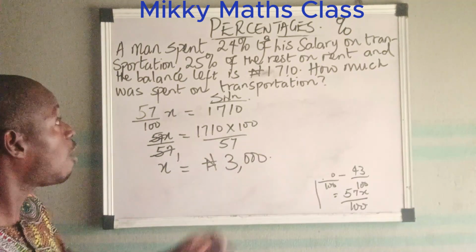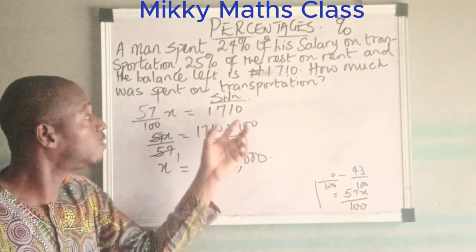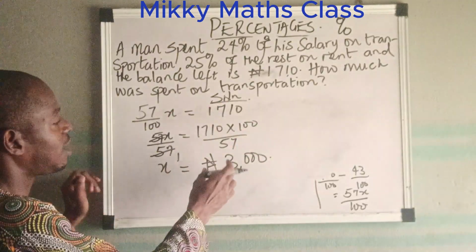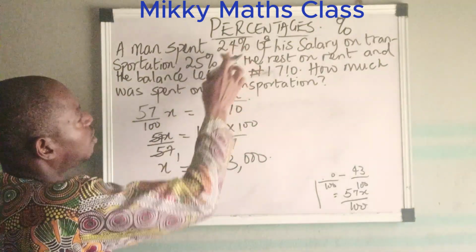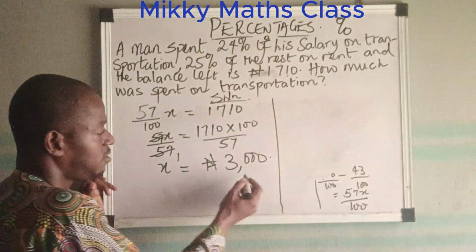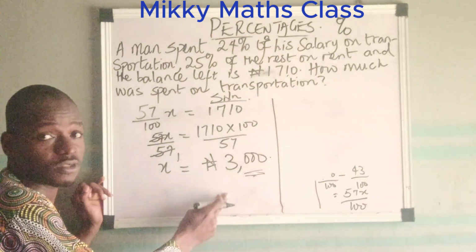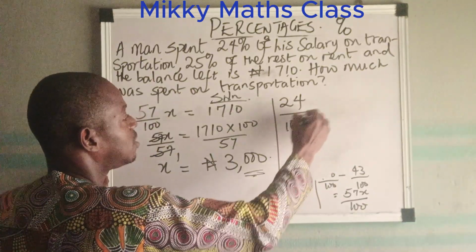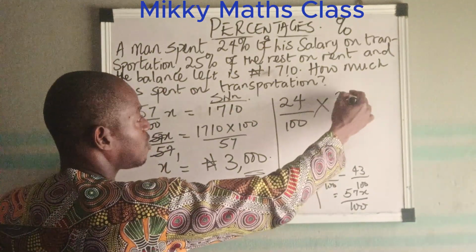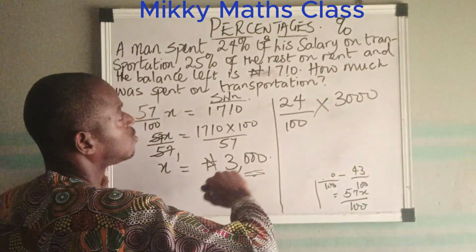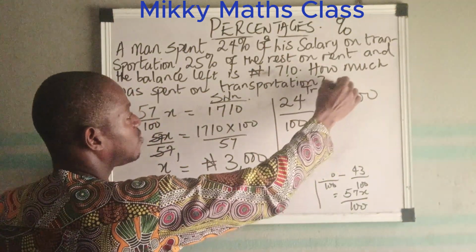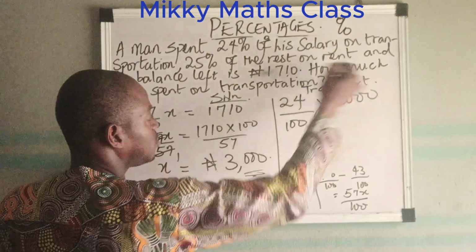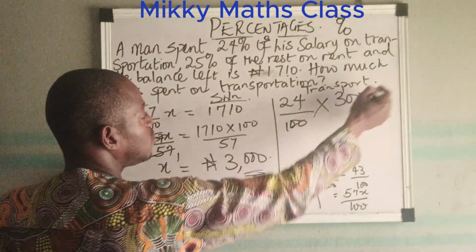Now, how much was spent on transportation? That means 24% of his salary. His total salary is 3,000 naira. 24% of it, that's 24 over 100 times 3,000, was spent on transportation. 0 cancels 0.